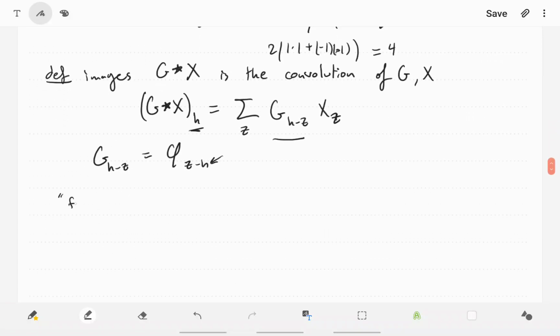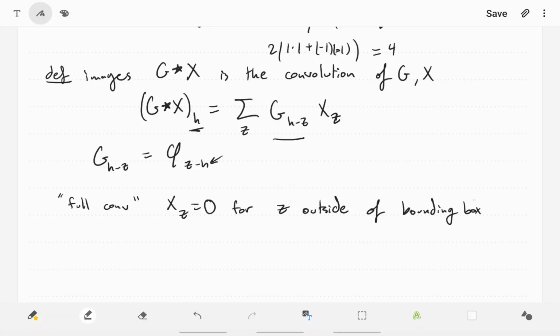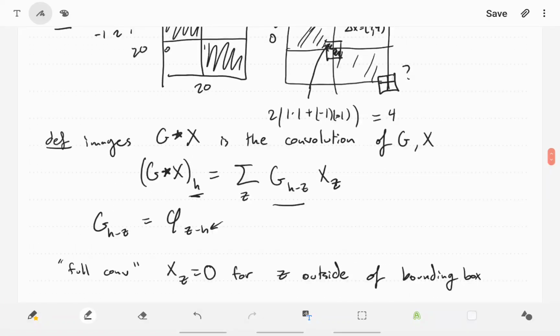So a full convolution is just going to pad X sub Z with zeros for the Z's outside of the bounding box. So whenever I need a value of X, if I'm trying to shift the filter outside of the bounding box of the image, then I'm just going to give it a 0 in that case.